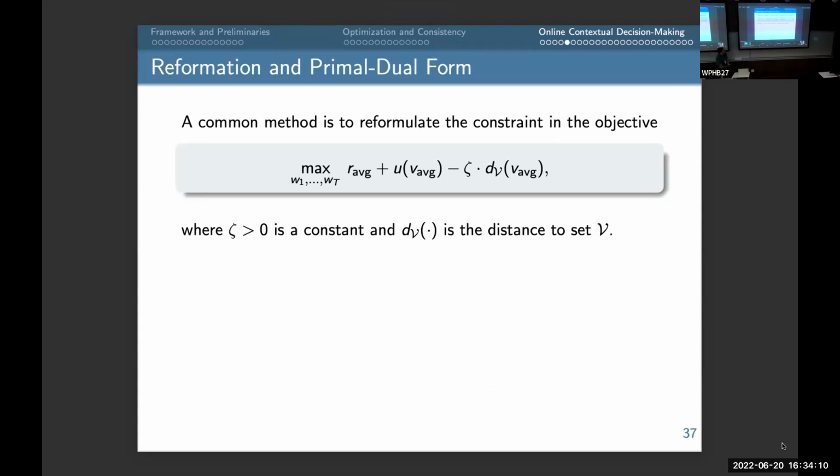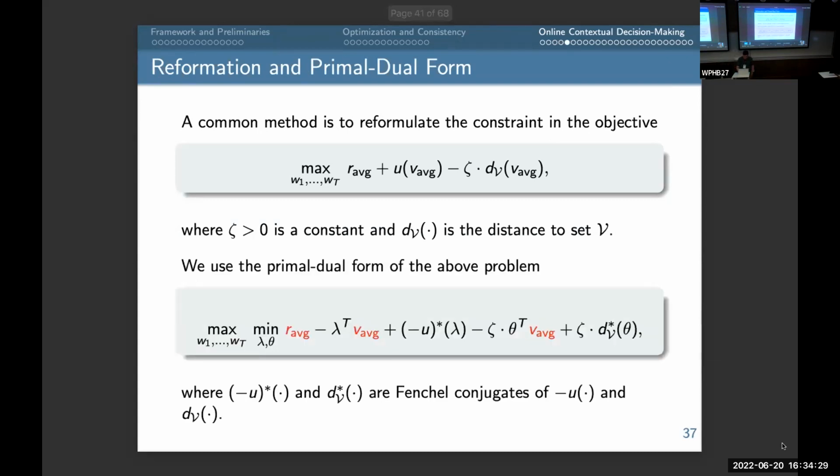Towards that direction, how we think about this problem is in a typical way, where we want to look at a penalized version. We consider this penalized version where we maximize the average reward plus the utility minus some penalty parameter psi multiplied with the distance to this set V. The convenience of this penalized version of the problem is that we can look at its primal dual form by taking Fenchel conjugates.